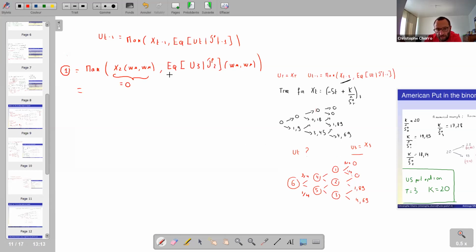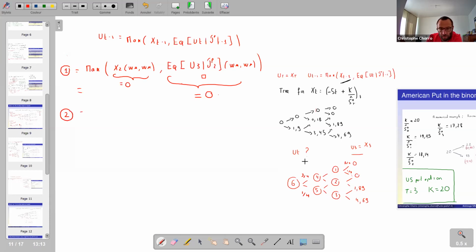So this term is just the conditional expectation computed on this little model of size 1, that is q times 0 plus 1 minus q times 0. So this one is also equal to 0. So 1 is equal to 0 because it's the max between 0 and 0.